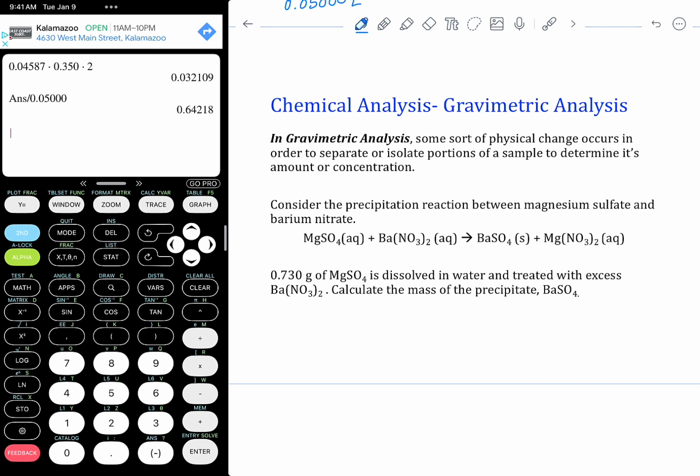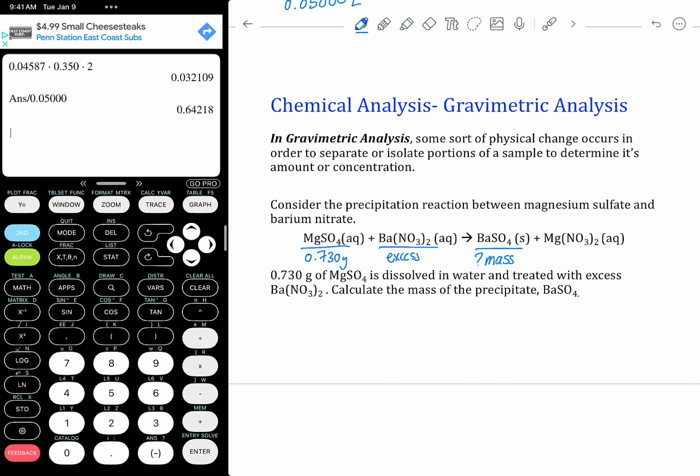So my two reactants here, I know that my mass of this is 0.730 grams. This one is excess, meaning I have enough of it to react fully with my magnesium sulfate. And what we want to know is when these two react together, what is the mass of the solid that is formed, which is barium sulfate.